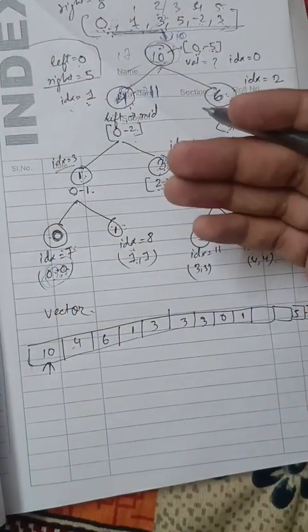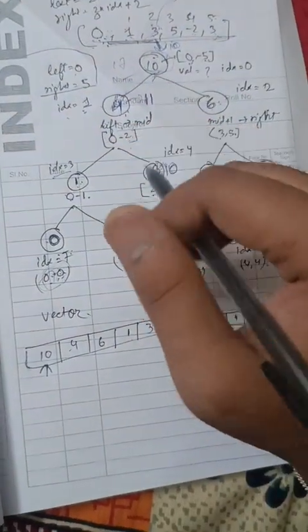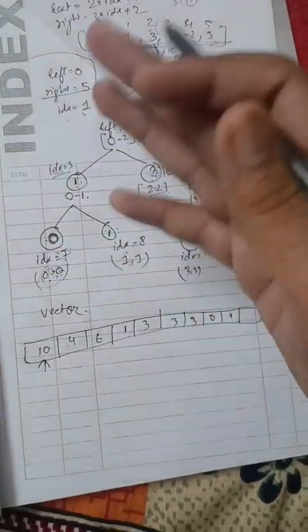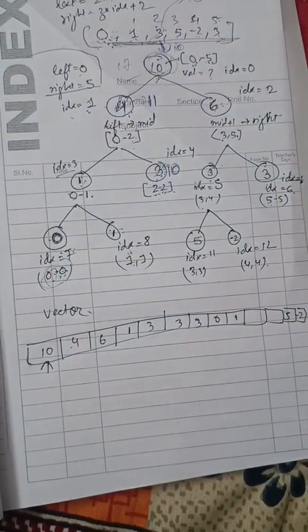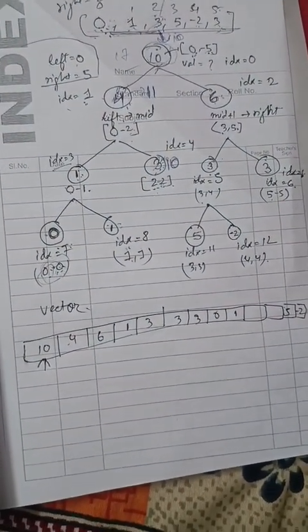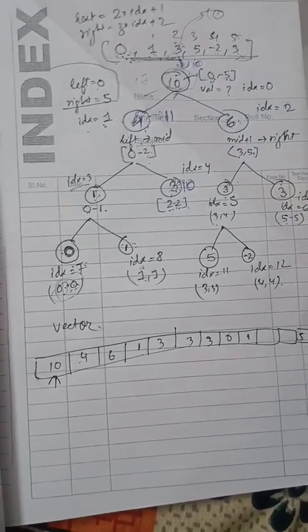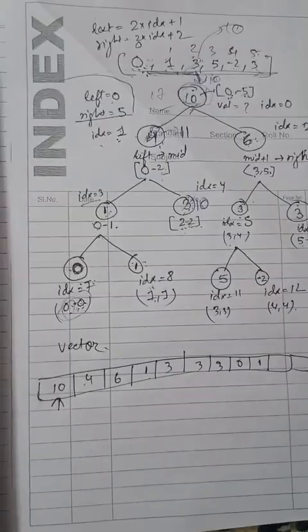So will you do it continuously in a brute force way, or use the segment tree? The updation time is O of log n. I think it's a very good complexity. With minimum time you will get the answer.